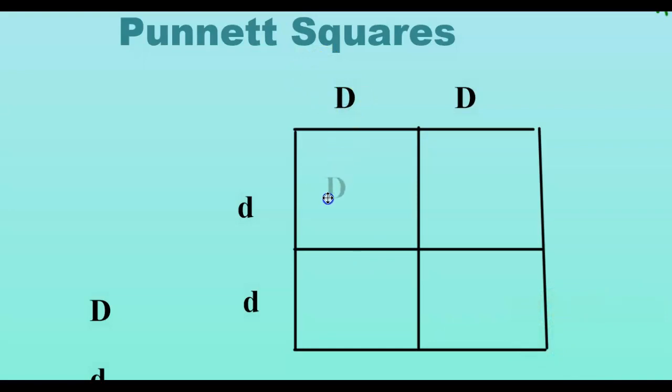The father has 2 dominant genes, so we'll bring those down. The mother's 2 recessive genes, we'll bring those over. And now we've got our prediction for what the offspring will be. It's a 100% chance that all of the children will be hybrid, which means they'll all have the trait, in this case, the dimples.